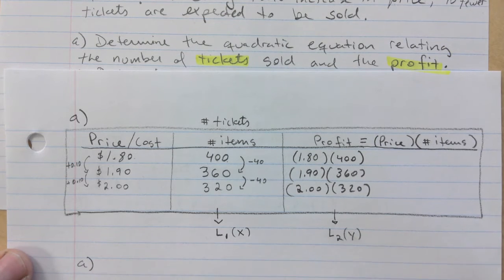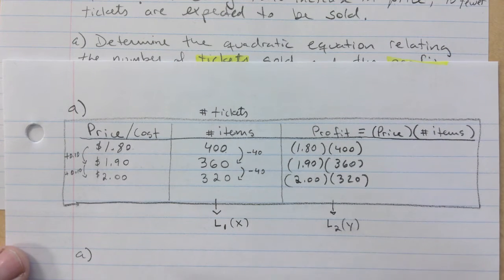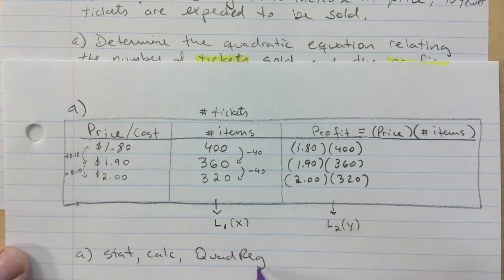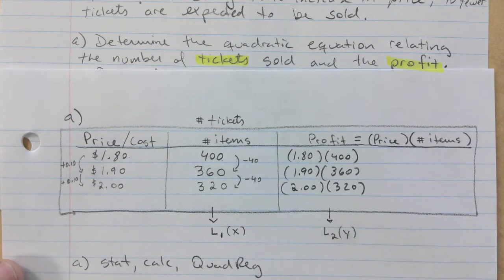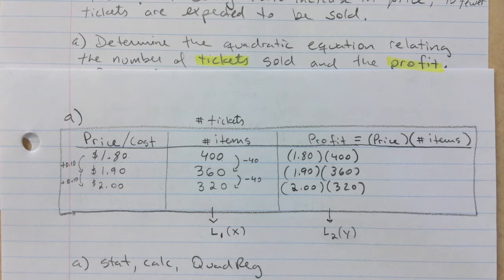So for A, we're going to have to do a stat calc quadratic. I'm going to throw a bunch of ACs at you in the next little while on these types, so you get really comfortable with this concept, okay?